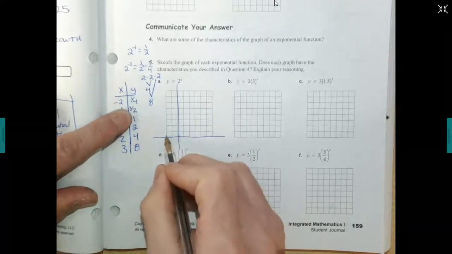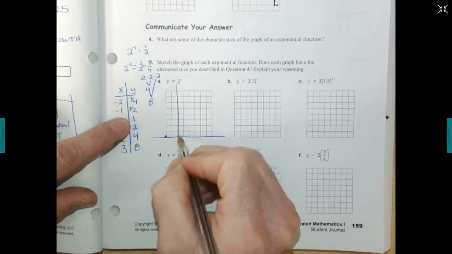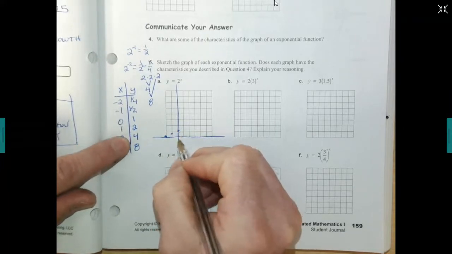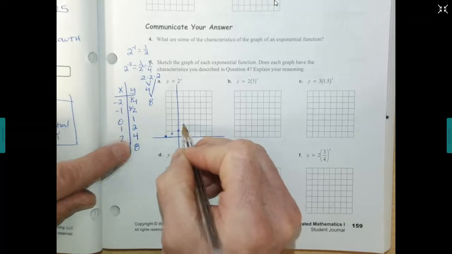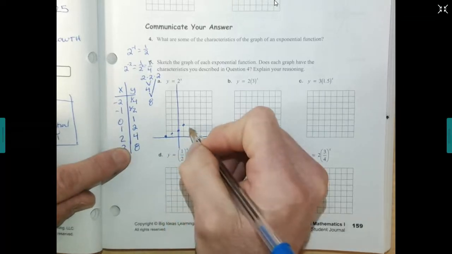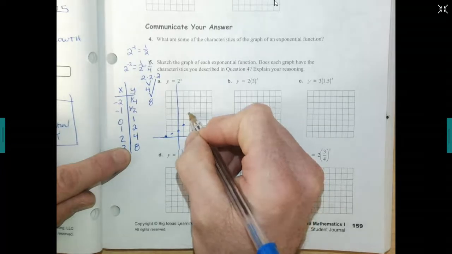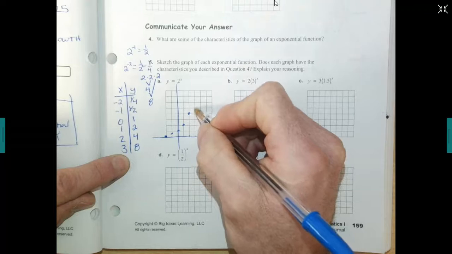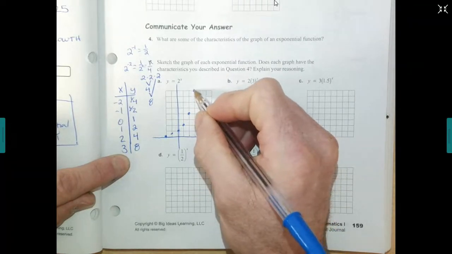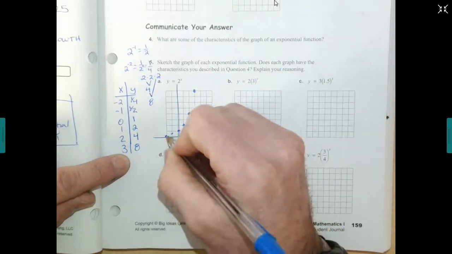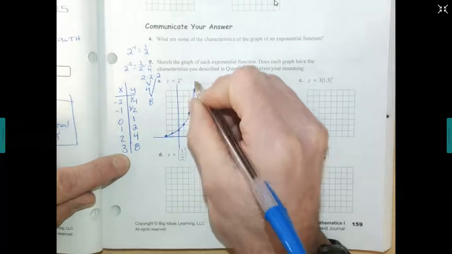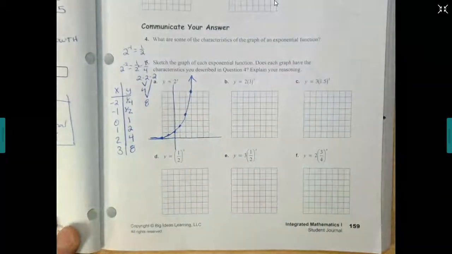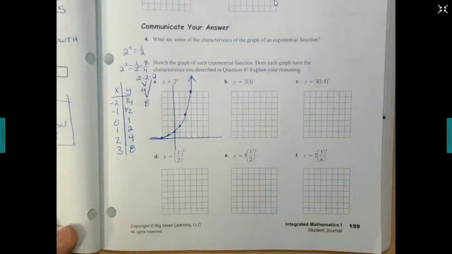We have -2, 1/4; -1, 1/2; 0, 1; 1, 2; 2, 4; and 3, 8. So there goes our exponential growth right there.